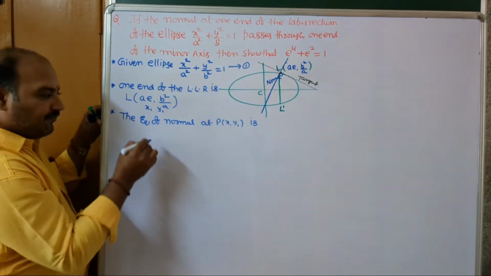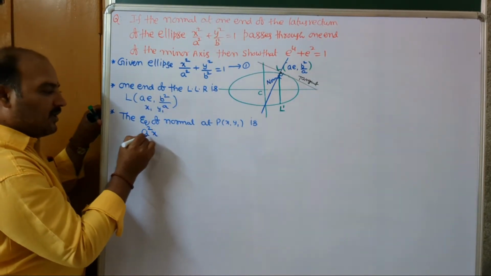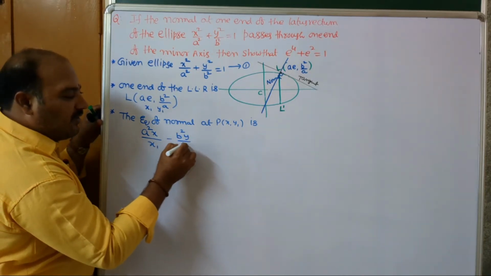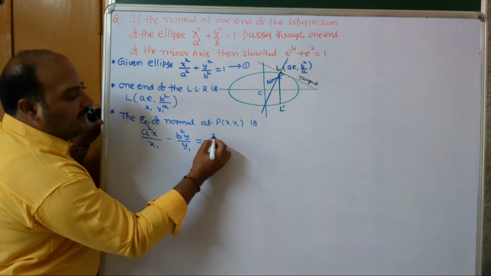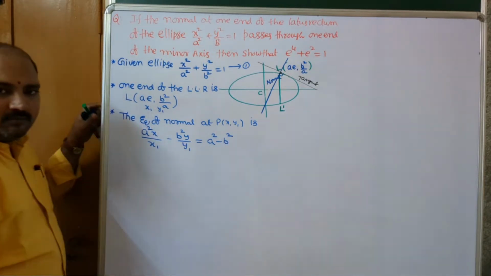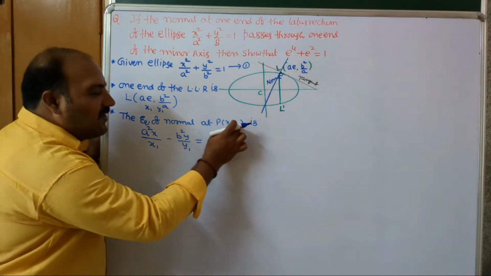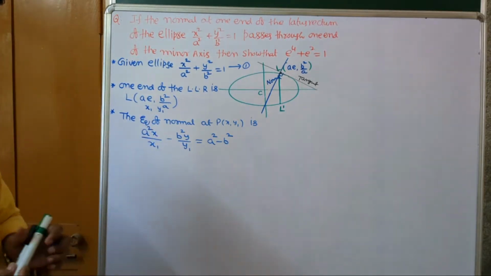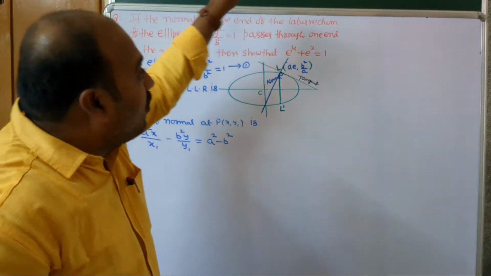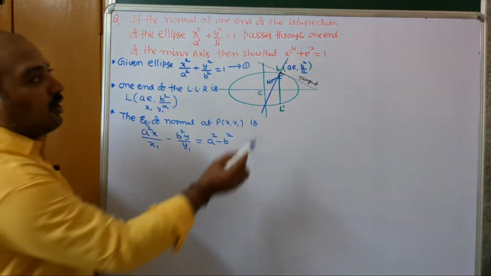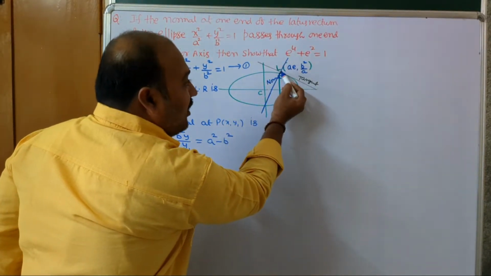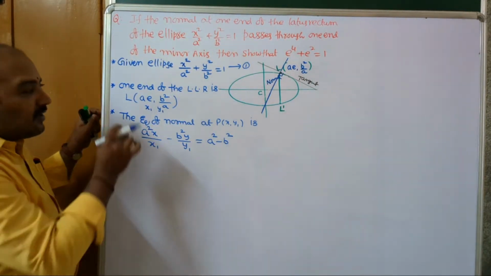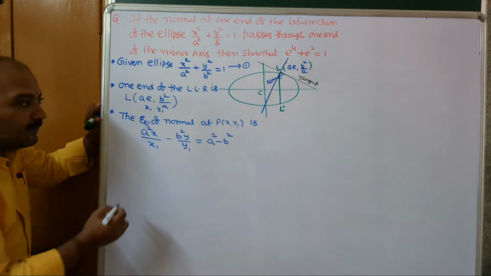is a square x by x1 minus b square y by y1 is equal to a square minus b square. But x1, y1 values we are assuming as ae comma b square by a only, no? Why? Because normal at one end of the latus rectum. L value is this only. This is x1, this is y1. Now in place of x1, y1, replace with ae comma b square by a.